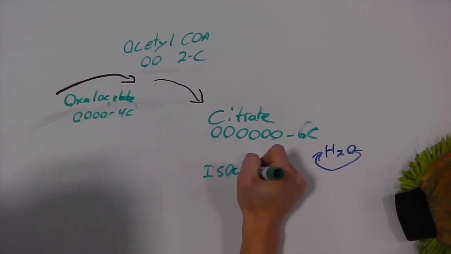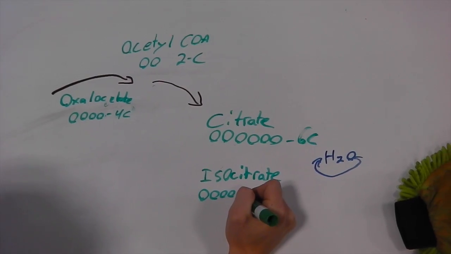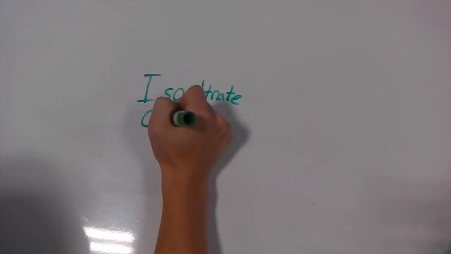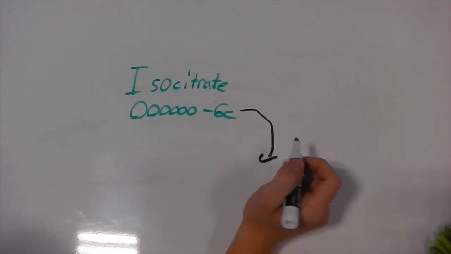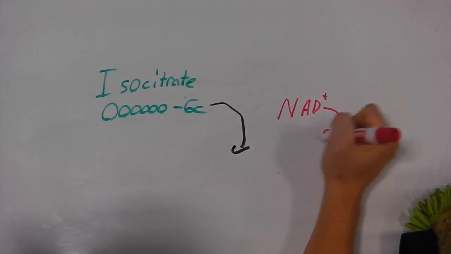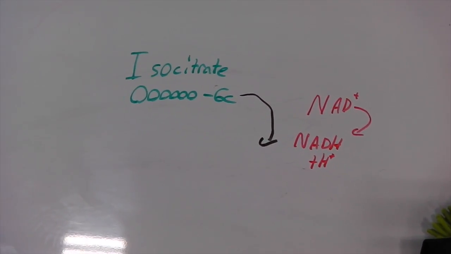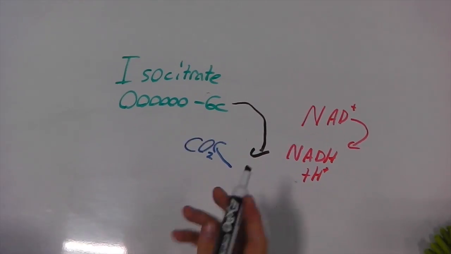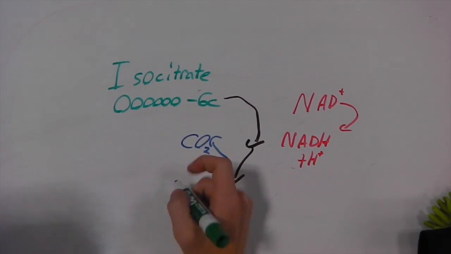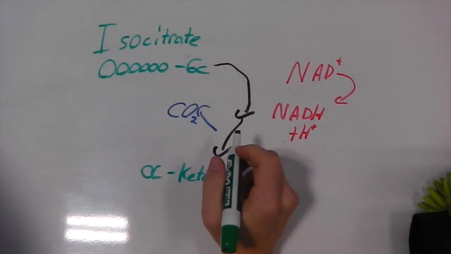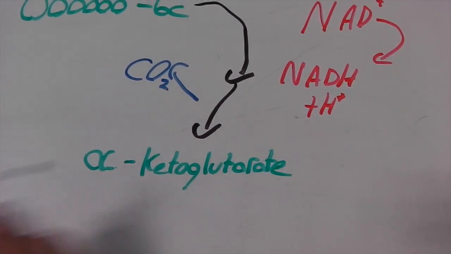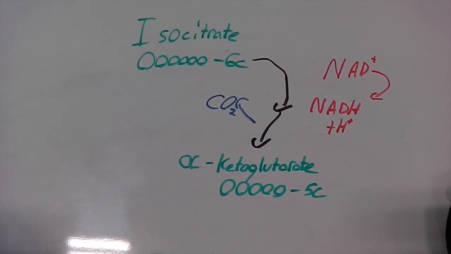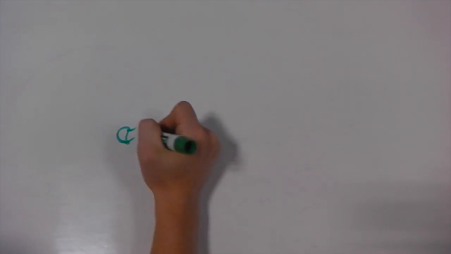And H2O will be added, making isocitrate, still 6 carbons. From isocitrate, carbon dioxide will be removed, and NAD positive will get reduced, adding an electron and hydrogen, making NADH, which will result in alpha-ketoglutarate, which is a 5-carbon compound.